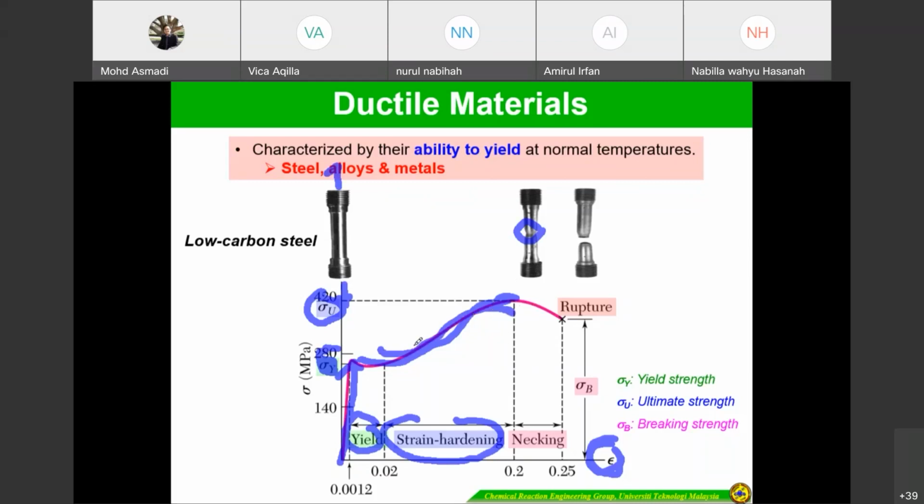And of course, the elongation actually becomes more until we reach this one. This is what we call necking, until we reach the maximum one. This one is delta B. So if you apply more loads, only a very small load is going to rupture this one. This is the breaking strength. So this is what we call the graph for the ductile materials.